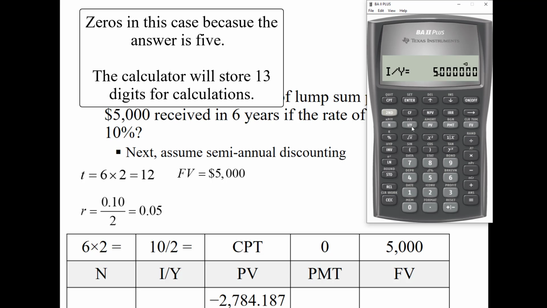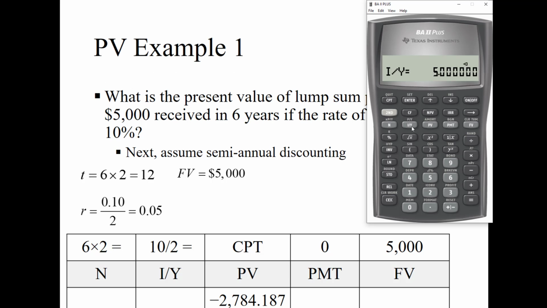Now in this case, 10 divided by 2 is 5, and so there's no need for extra decimal points. But if you had an interest rate of say 11% a year and you did monthly compounding, 11 divided by 12 is 0.9166667, and it repeats forever. And so this way you're not going to miss any extra data by not having that calculation stored into your IY. In any case, our IY in this example is going to be 5.